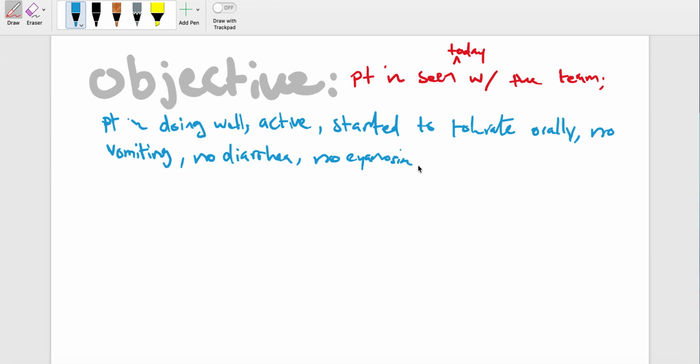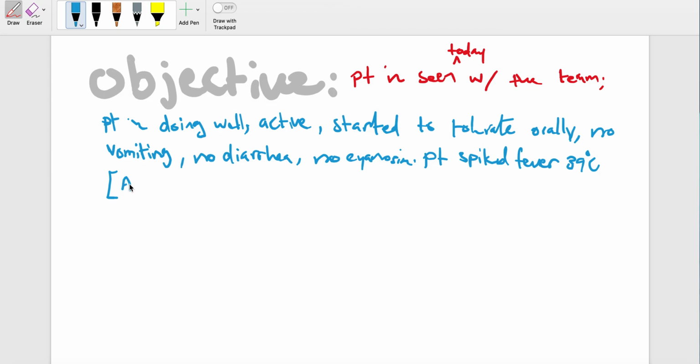And then we will say patient spiked fever, and you will write down how much it was, let's say 39, and you will write what the route was.